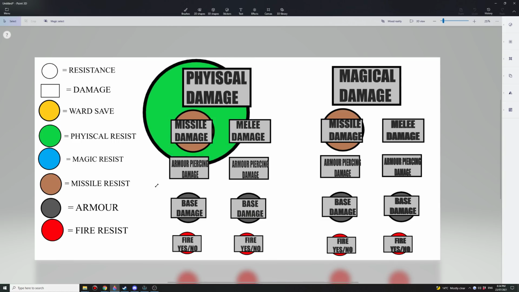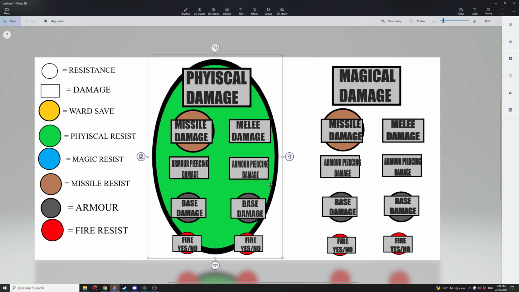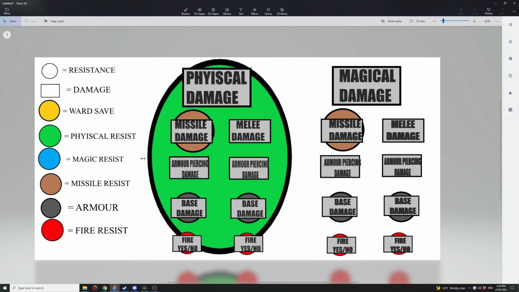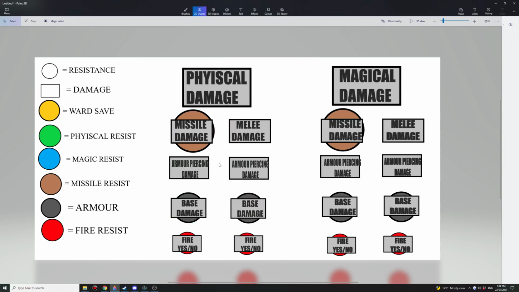Now, what I could do is this, but if I start doing this with the effects, it'll start to get really messy when we get to the ward save. So the best case scenario here, I think, is just to put it up at the top like this.